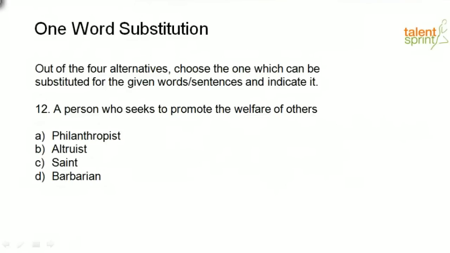These are not difficult or unfamiliar words. A saint, when will you call somebody a saint? When that person is an extremely virtuous person, like almost godly, right? Barbarian, it can be just an insensitive, uncultured person, somebody who's very fierce or brutal or a cruel person, right? That's a barbarian.